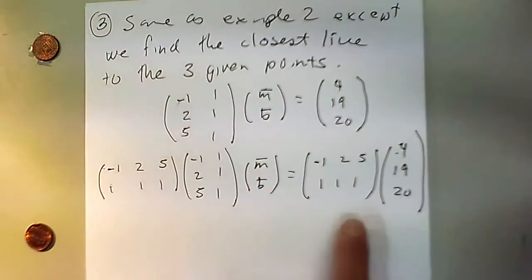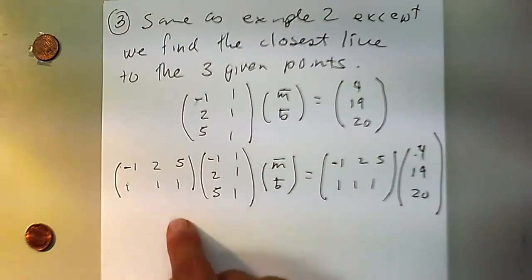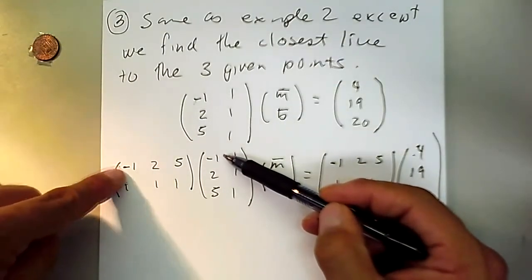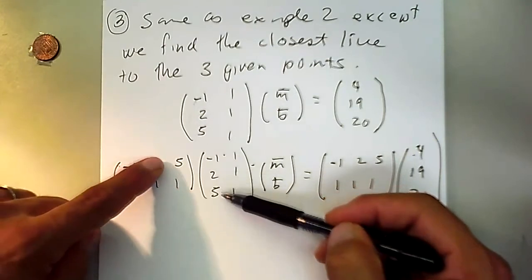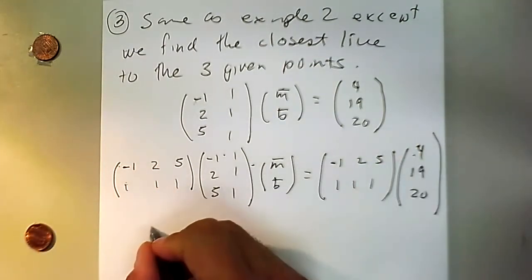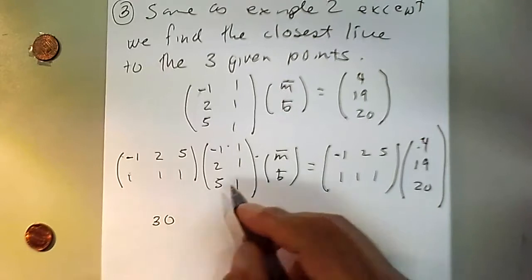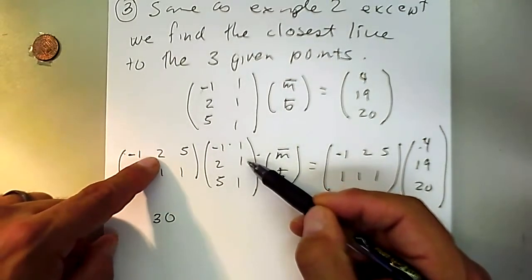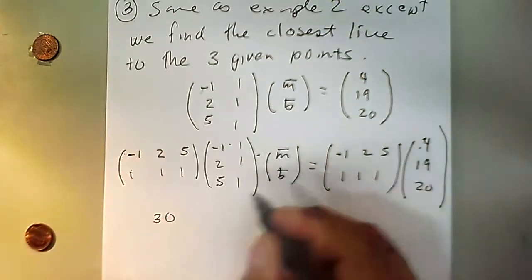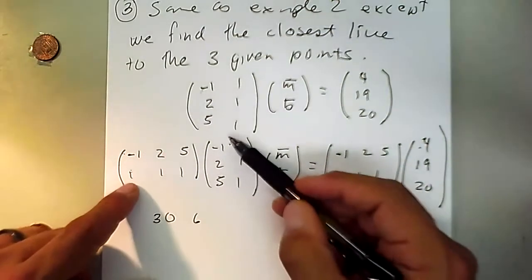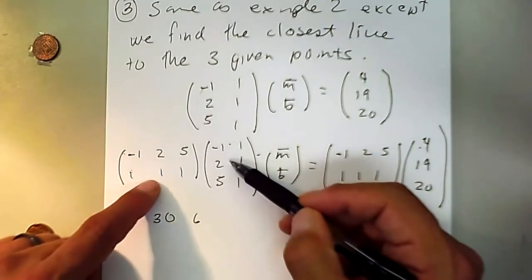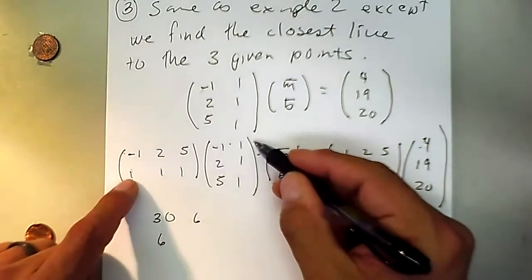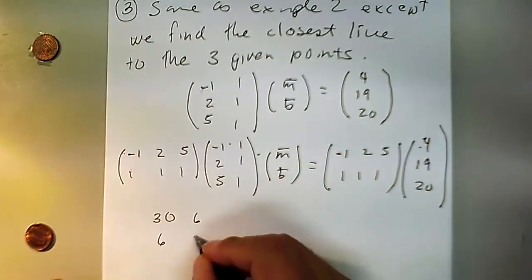There we go. So now we have this equation. Now, of course, we're going to multiply those two. So 1 and 4 is 5, and 25 is 30. -1 and 2 is +1, and 5 is 6. -1, 1, 6. 1 and 1 and 1 is 3.